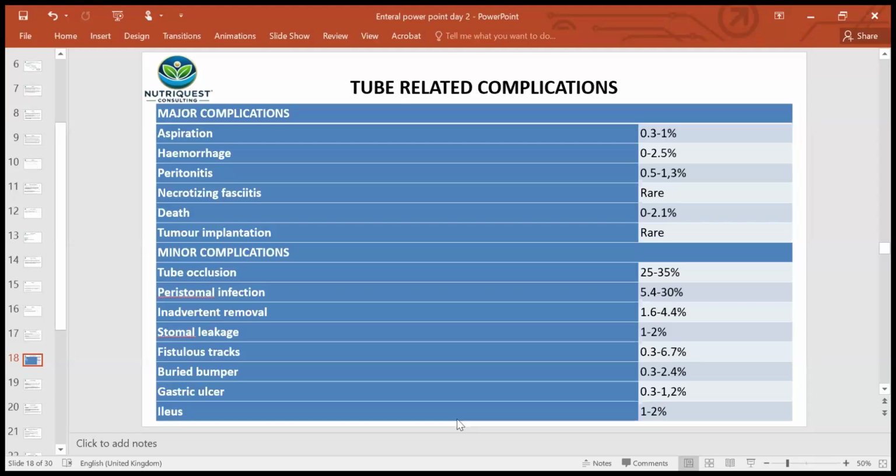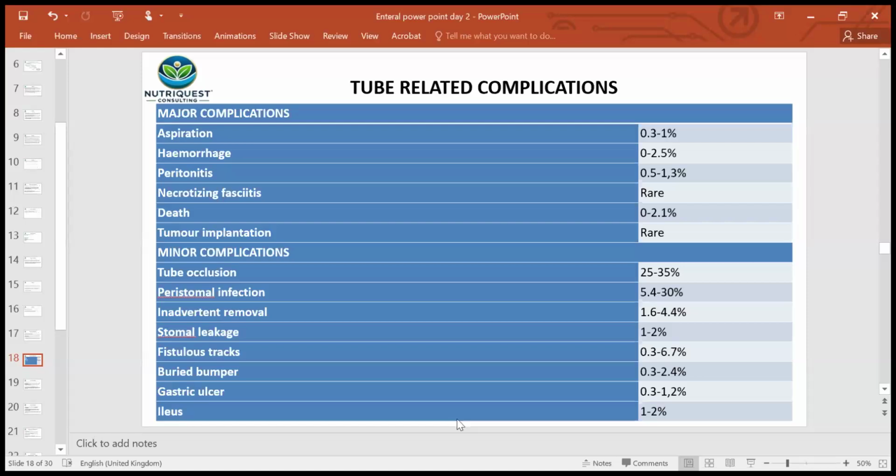Then the minor ones. We have tube occlusion, the clogging of the tube, which we discussed yesterday. It is quite high, 25 to 35%. Peristomal infection, 5 to 30% of cases. Inadvertent removal, where the tube comes out by itself, 1.6 to 4.4%.